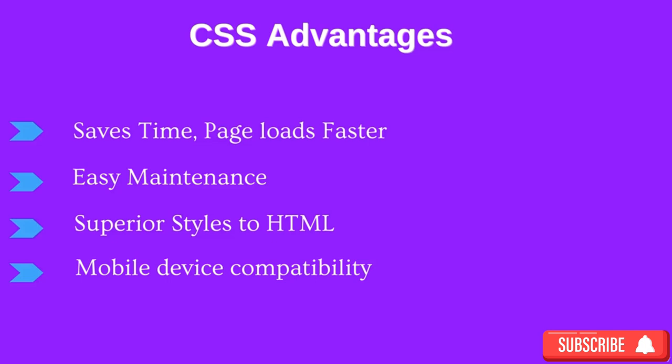It saves time. Saves time means you can design the set of style rules in a single document and later apply that throughout your website. So every time you are adding a new web page, you don't have to define the set of styles again and again in a specific HTML tag. Page loads faster.